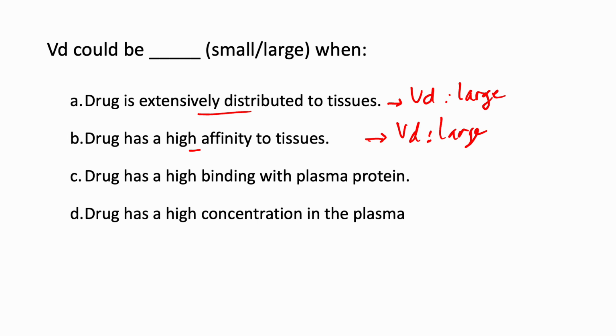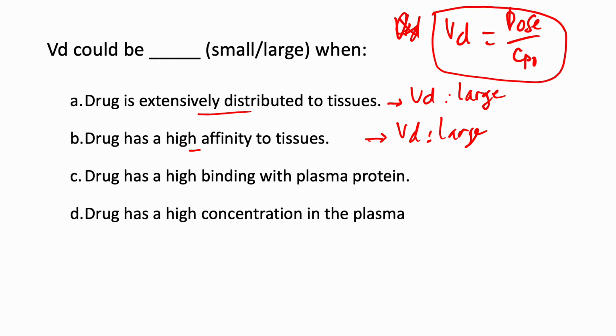Drug has a high binding with plasma protein. So when the drug has a high binding with plasma protein, what happens? Remember the common equation to calculate the volume of distribution: volume of distribution is equal to the dose divided by the initial concentration.